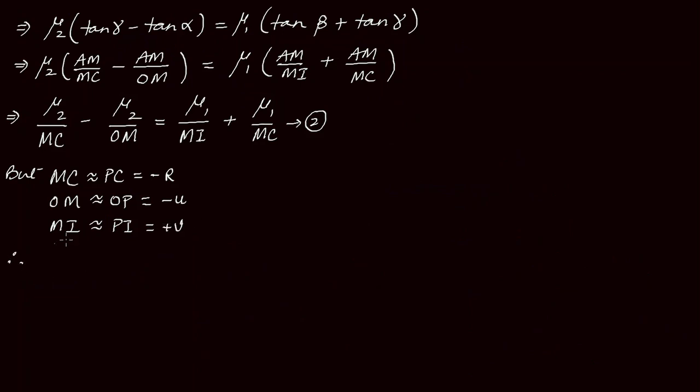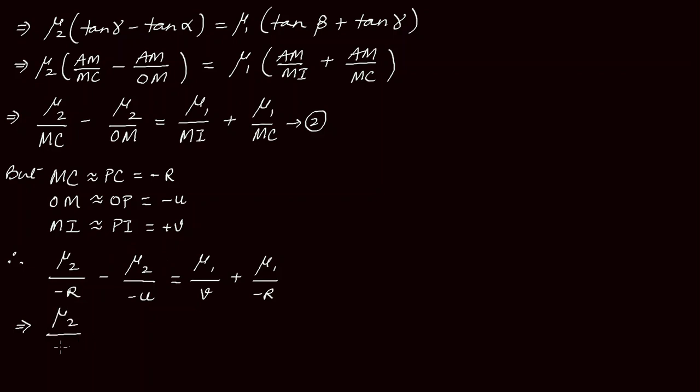Okay, so therefore put all these quantities in equation 2. You get mu2 by MC, that will be minus R, minus mu2 by OM, that will be minus U, is equal to mu1 by MI, that will be V, plus mu1 by MC, that is minus R. Let me rewrite this nicely.